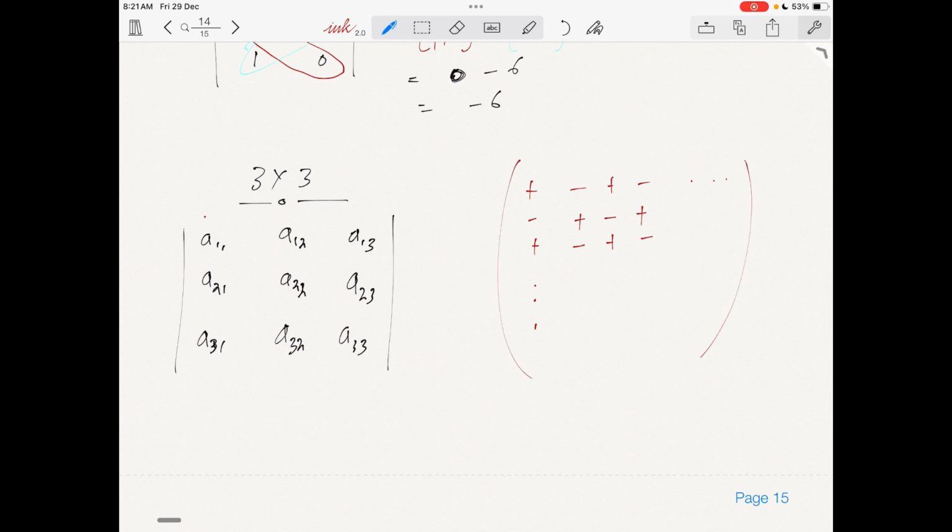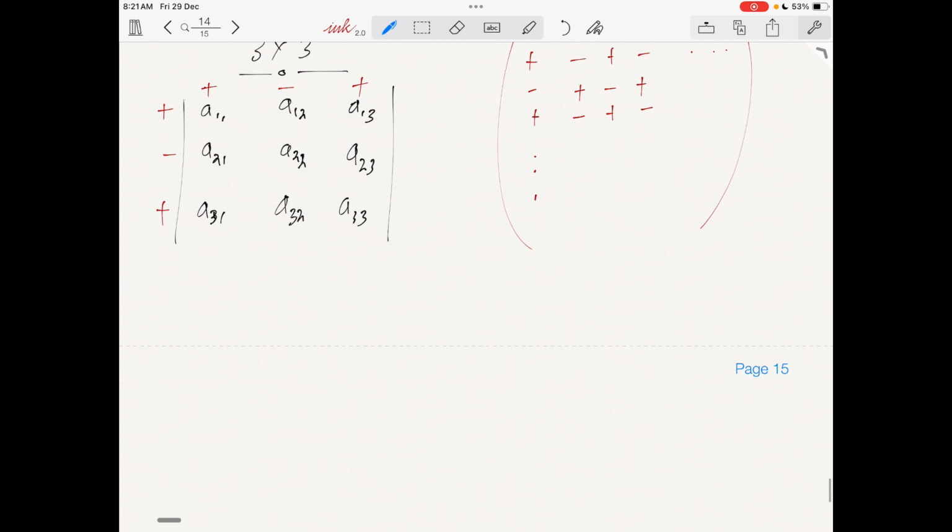The appropriate signs are given by alternate plus and minus from the top left-hand corner, which carries a plus sign. So in that case we'll have plus, minus, plus.